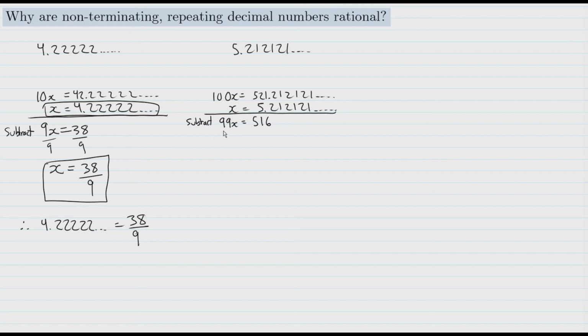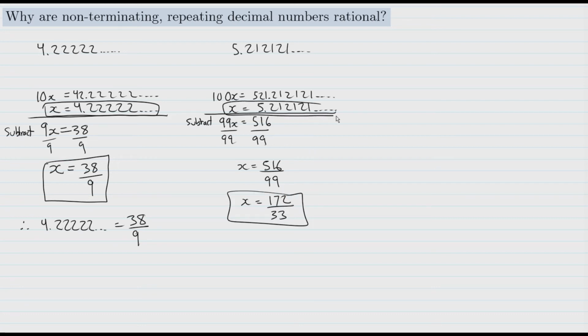Solving for x again, we'll divide both sides by 99 this time. And that gives us x equals 516 over 99, which we can actually reduce because both of these numbers are divisible by 3. So if we divide them by 3, we get x equals 172 over 33. And there it is, an expression for this number as a fraction using only integers.